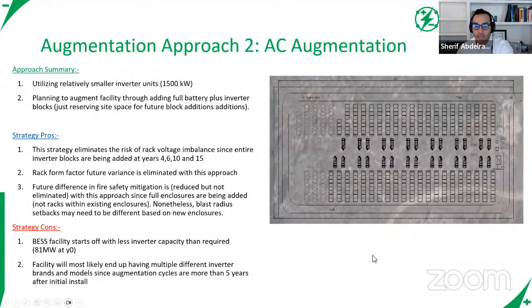All right, now AC augmentation. So let's talk about the architecture itself. What are you doing here? You're basically building out a project at year zero. If you're planning for it from year zero, you're just building the project and leaving space for additional inverters and PCSs to be added, and battery enclosures behind them.